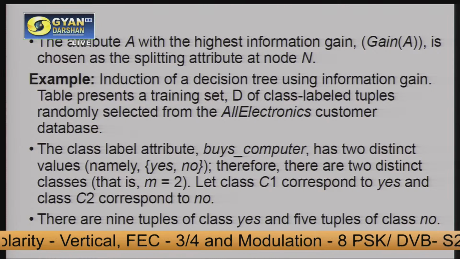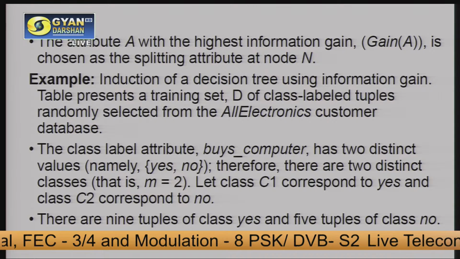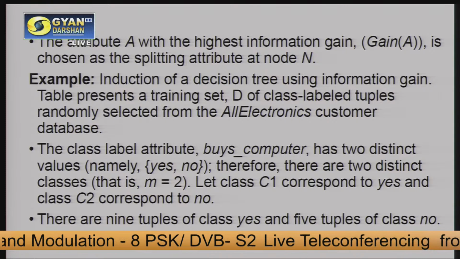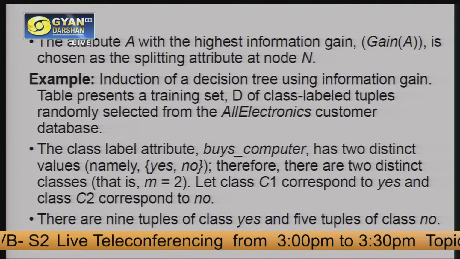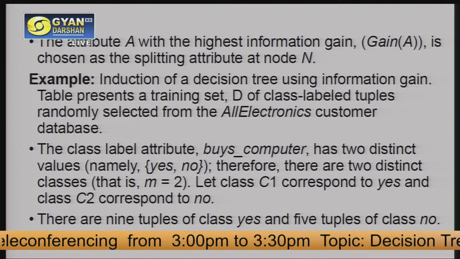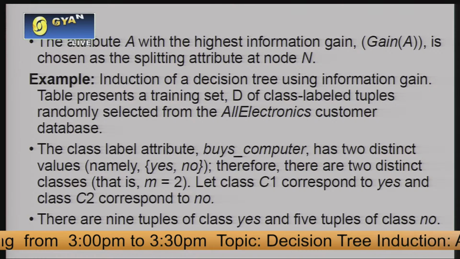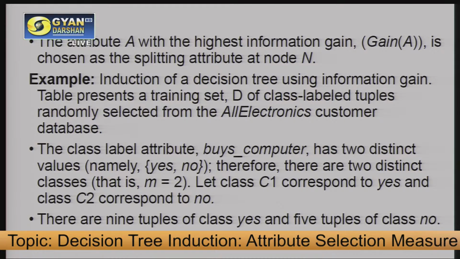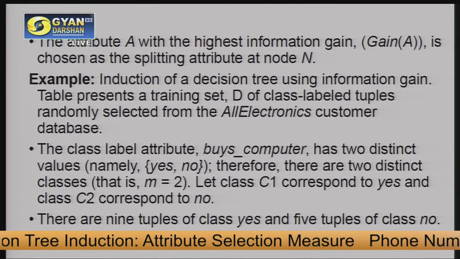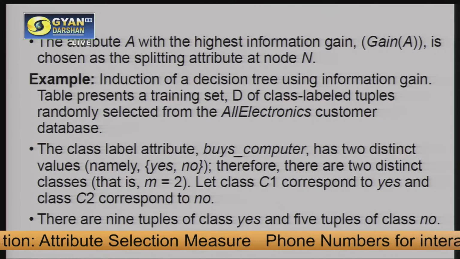As I said, the attribute A with the highest information gain is going to be chosen as the splitting attribute at node N. What we have done here is taken one example where we have two distinct classes: whether the person is going to buy a computer, yes or no.